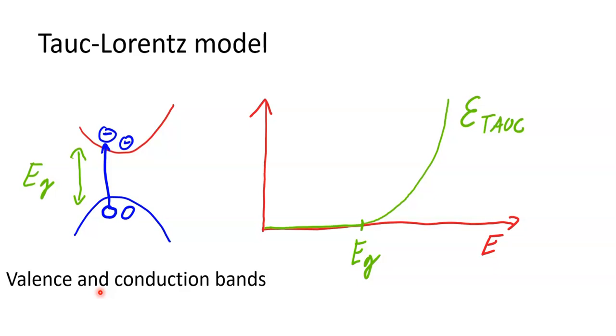Compared with the Lorentz model, we use a more modern model of a material based on valence and conduction bands for electrons. At photon energies that are higher than the bandgap, electrons move from a valence to conduction band.